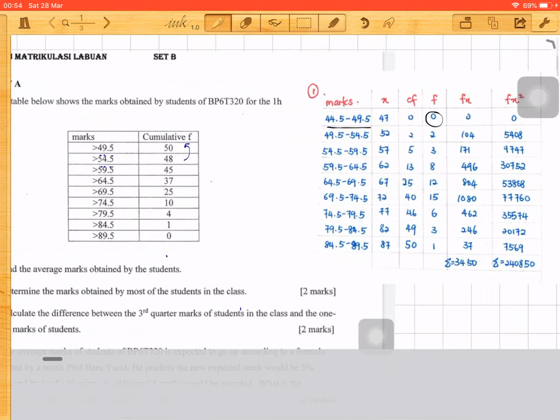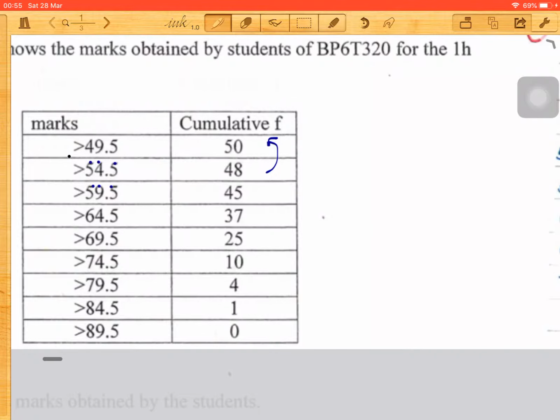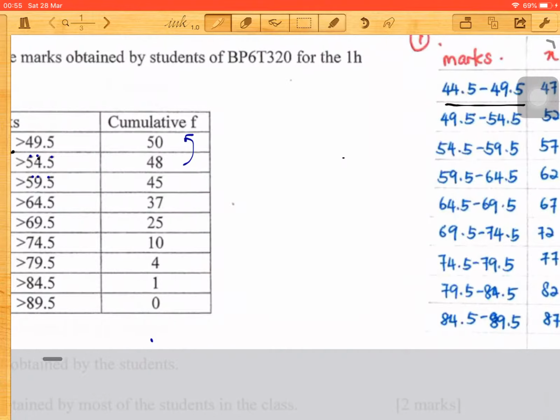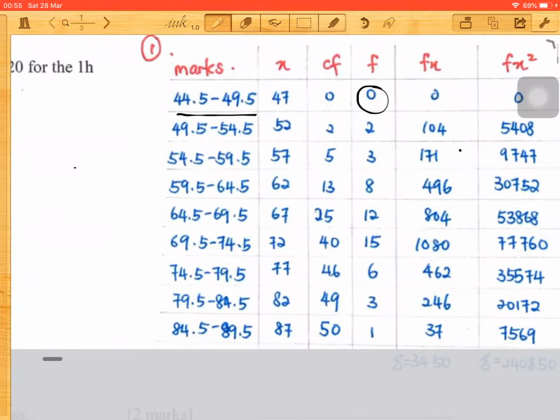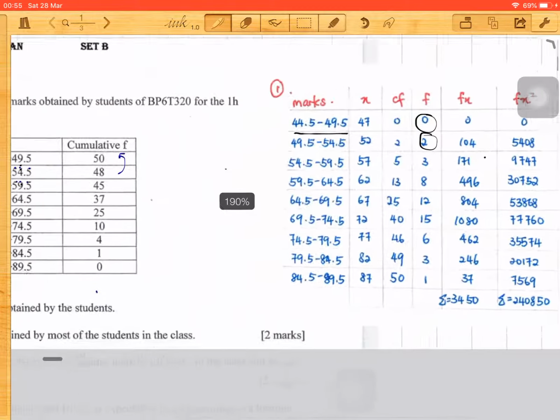What I'm trying to say is from 44.5 to 49.5, they are at first 0, and then for those who get 49.5 to 54.5, there are actually 2 people. So you have to minus back each time.